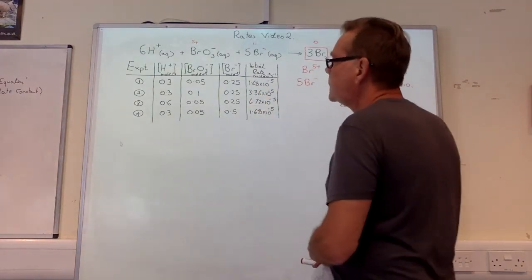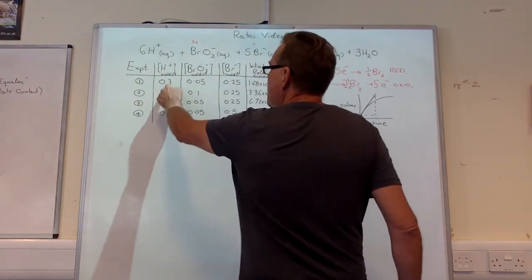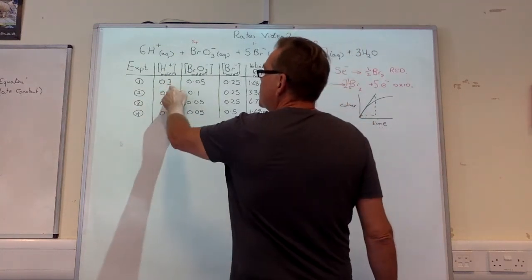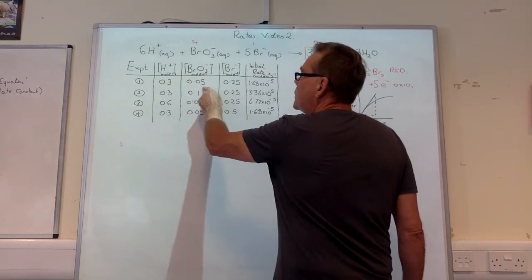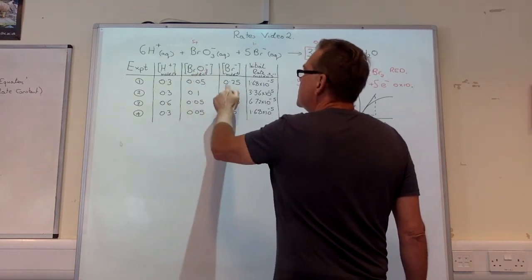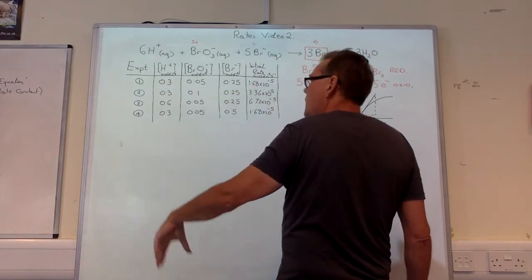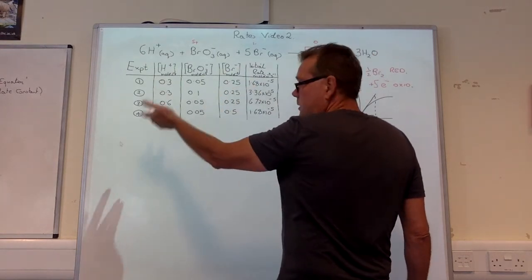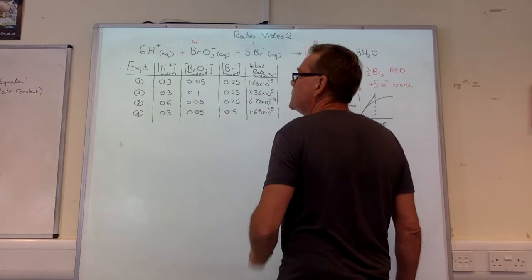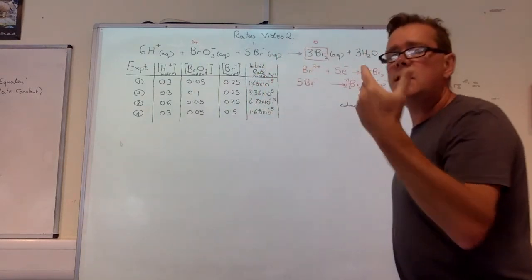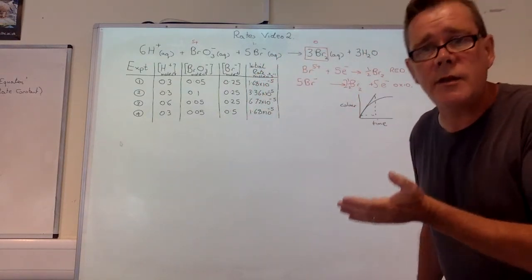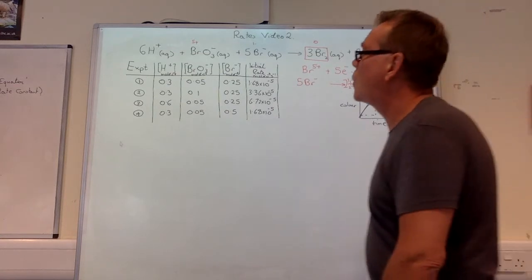Right, I look at the first line here. Start off with 0.3 moles per dm cubed H plus, 0.05 bromate, 0.25 bromide. Put them all together, do the experiment, work out the rate. Then I do a second experiment and I keep 2 quantities the same and only change 1.